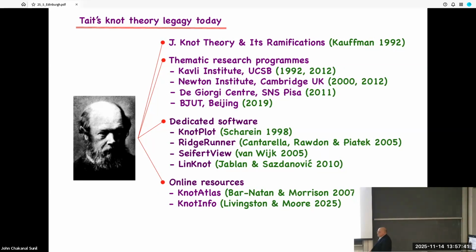Online resources, the modern knot table is edited by Barnatan and Morrison, Knot Atlas. So you just type Knot Atlas and you have for each knot type all sorts of information, all polynomials, everything. So many interesting things. This is kept updated by Barnatan, and Knot Info is another one.